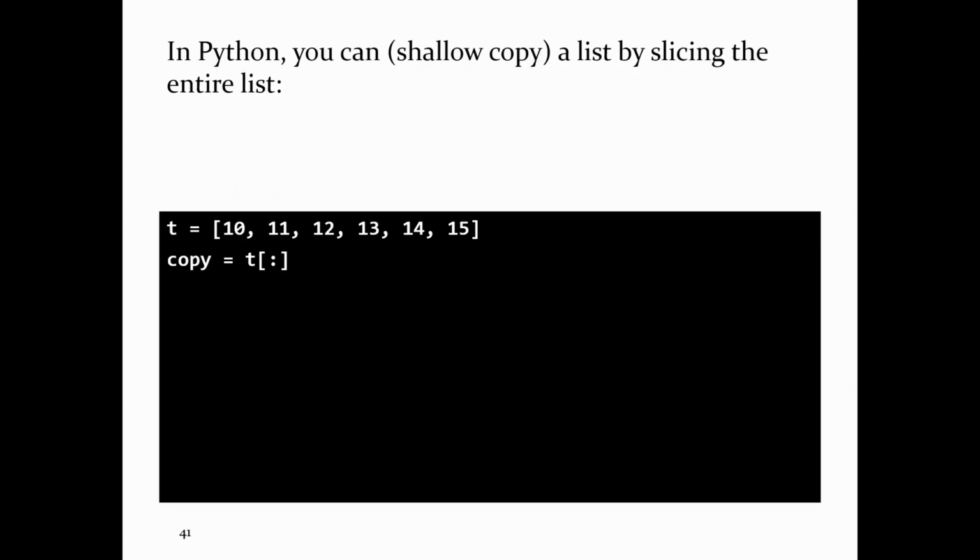What about copying a list in Python? In Python, you can use a slice to copy a list. So if I want to make a new copy of this list t, in other words, an independent list having references to the values 10, 11, 12, 13, 14, and 15, I can just slice the list with a colon. In Python, this makes a copy of the list.